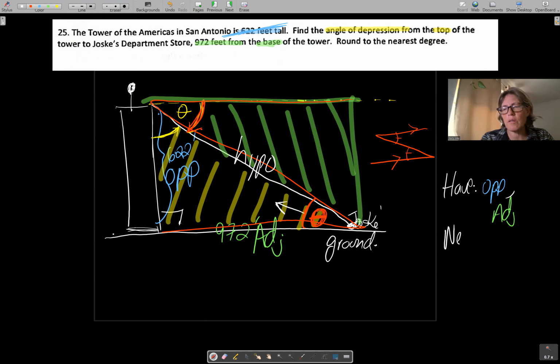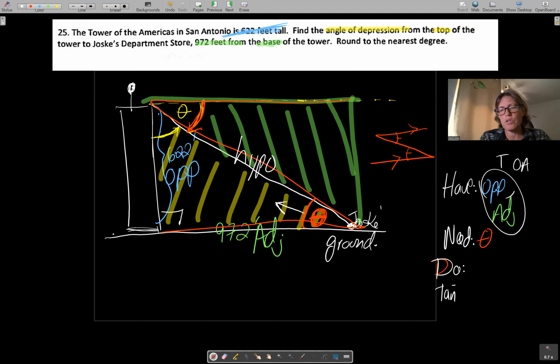And we need, this time, a missing angle of depression, theta. So this time we're going to use inverse SOHCAHTOA. And we have an OA combo. That means it's tangent, TOA. So that's inverse tangent, opposite over adjacent is going to give you that angle theta.